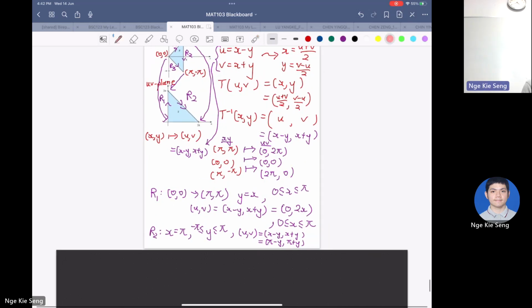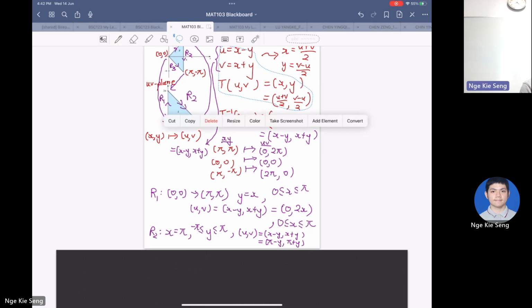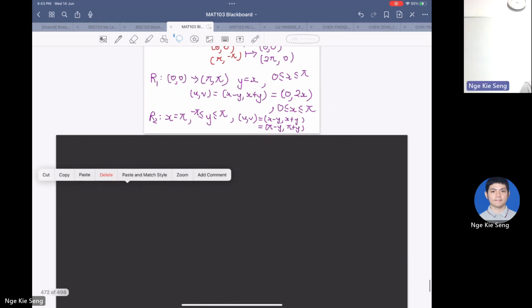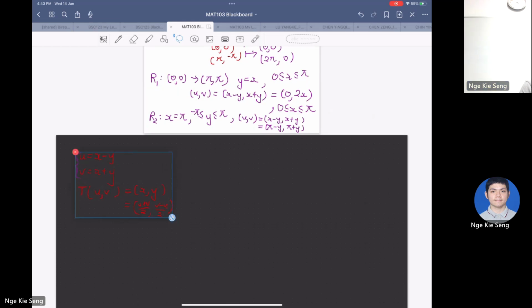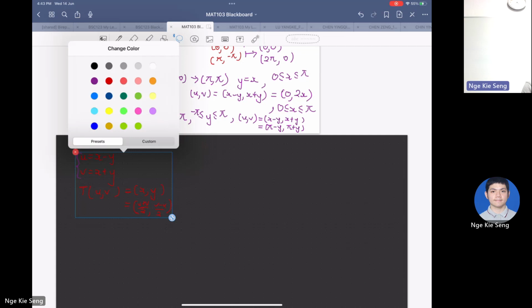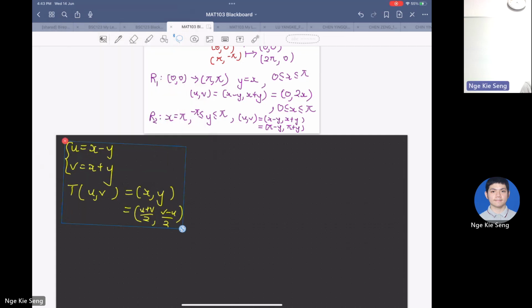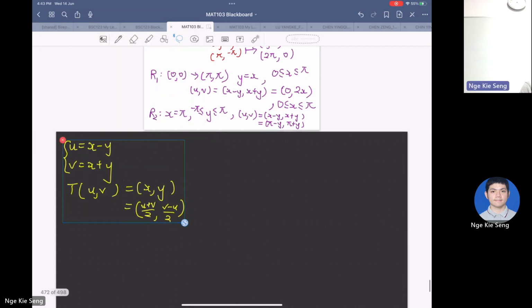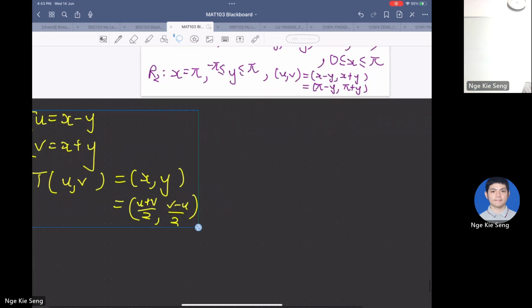Okay, so we have this map here. So let's do what the Jacobian is. Copy and then paste. Okay, so what's the Jacobian of this map here? Remember what we said about Jacobian?